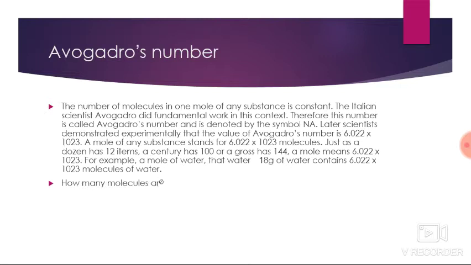The Italian scientist Avogadro did fundamental work in this context. Therefore, this number is called Avogadro's number and is denoted by the symbol capital N subscript A. Later scientists demonstrated experimentally that the value of Avogadro's number is 6.022 into 10 raised to 23.